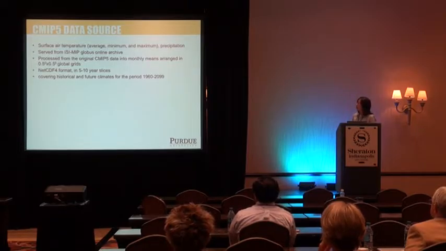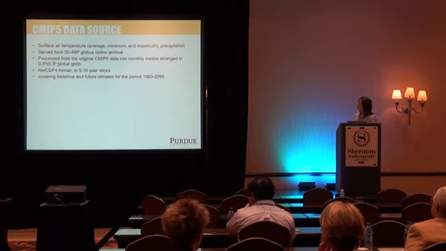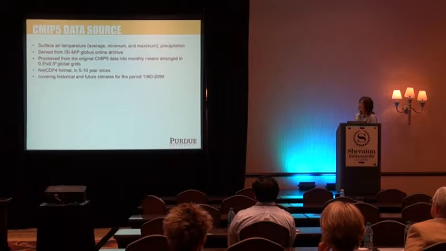We have the climate variables for average, minimum, and maximum surface air temperature and precipitation. The data is organized into NetCDF4 format, and it's typically aggregated into 5 to 10 year slices. And we have the data for 1960 to 2099.